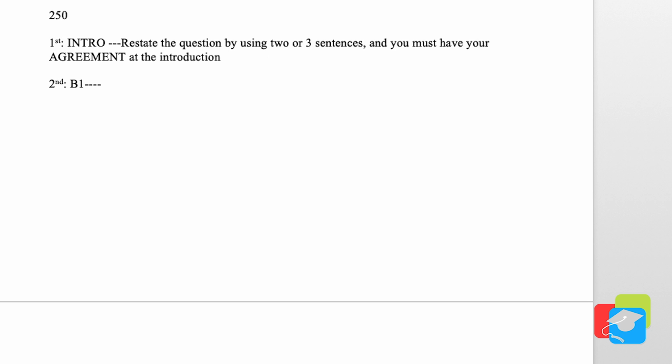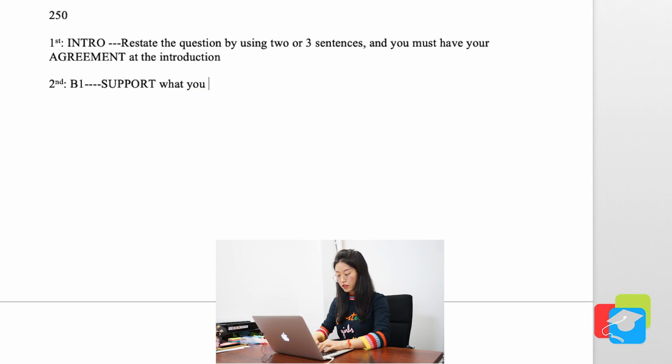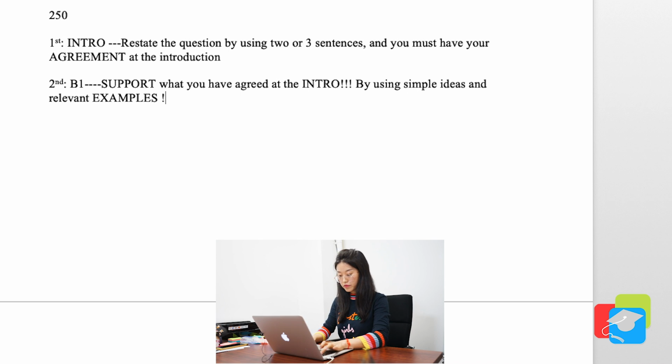In the body 1 paragraph, you need to support what you have agreed with in the introduction by using simple ideas and relevant examples. And then on top of that, you always need to give a small kind of conclusion.